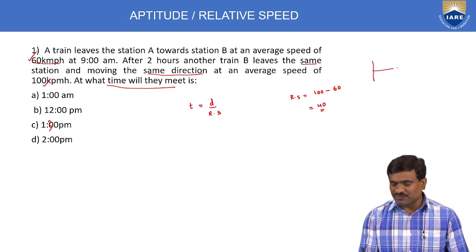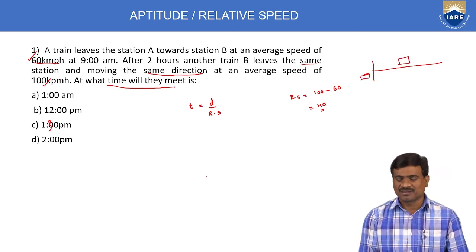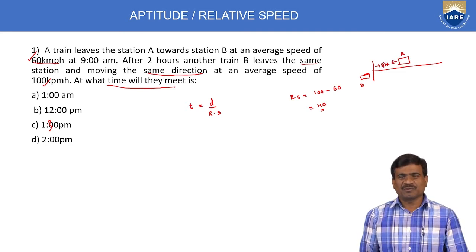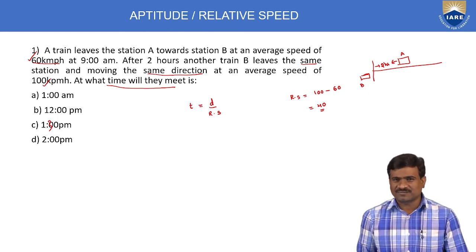From the information, after 2 hours the second train leaves the same station. The time gap between the first train and the second train is 2 hours.